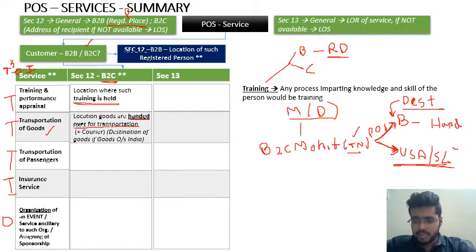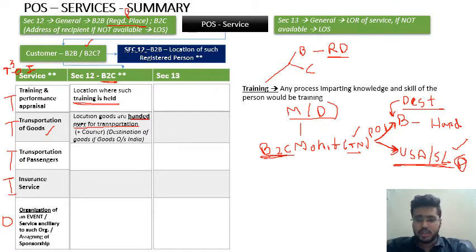So US or Sri Lanka, as the case may be, will be considered the place of supply. This is the difference, the B2C element on transportation of goods.